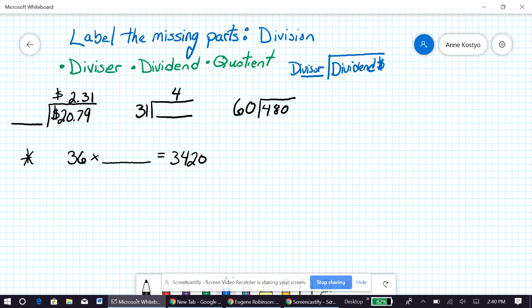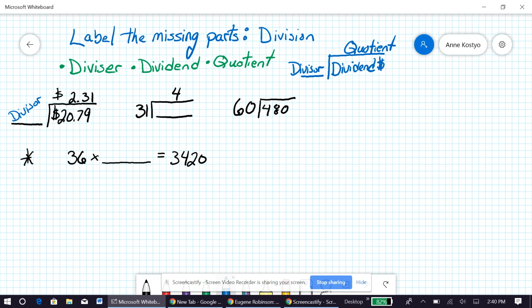And on the top of the bank, we had the quotient. Okay, so basically, we are matching what is missing. So in the first problem, the missing part would be the divisor, because that would be in the front of your bank.